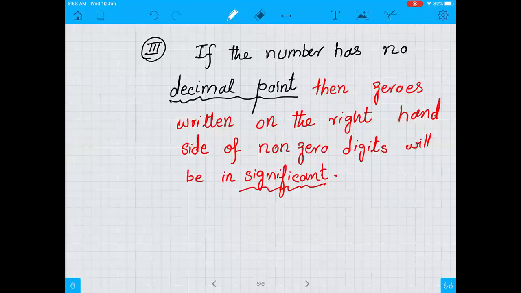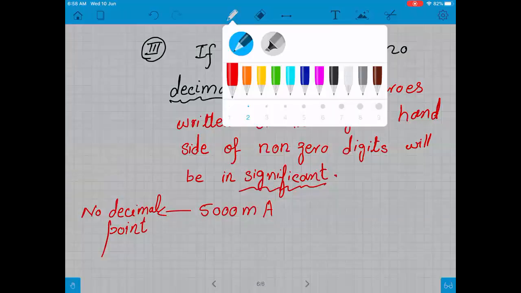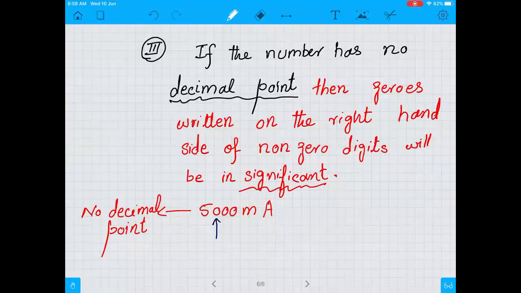using a smaller unit. Now let's suppose you have a number 5,000 milliampere. You see there is no decimal point in this number, and 3 zeros are on the right of this non-zero digit. Now what is the principle? By principle, these 3 zeros are insignificant, which means that they were not given by the instrument.